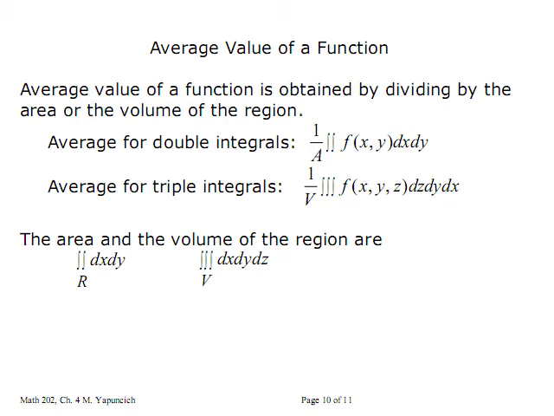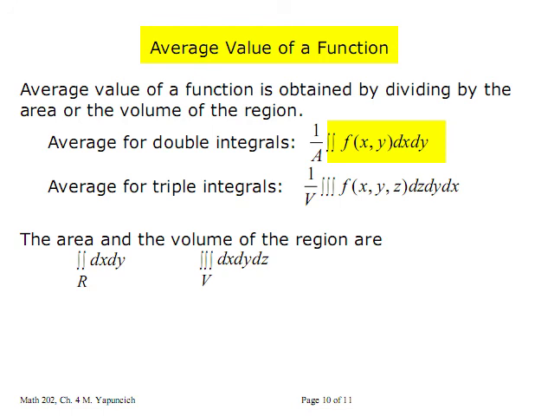We're going to compute now the average value of a function. And it depends on whether it's a double or triple integral, how you do this. If you want the average value for double integral, you take the integral as you did previously, and then you divide by the area. For triple integrals, you divide by the volume.